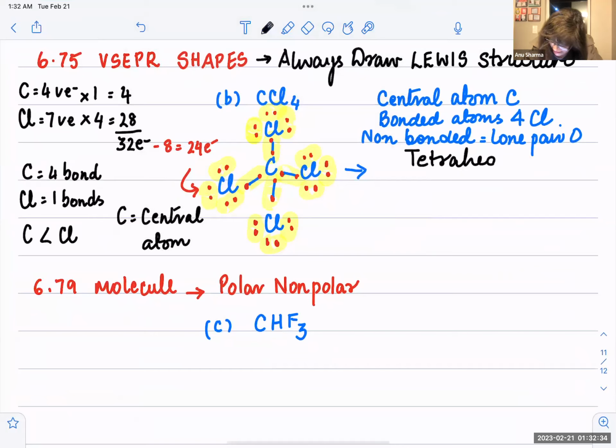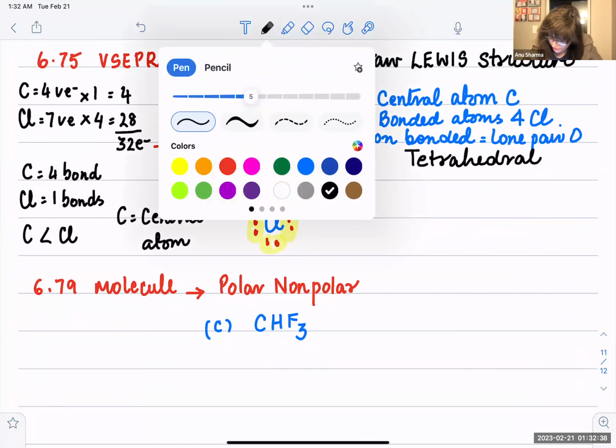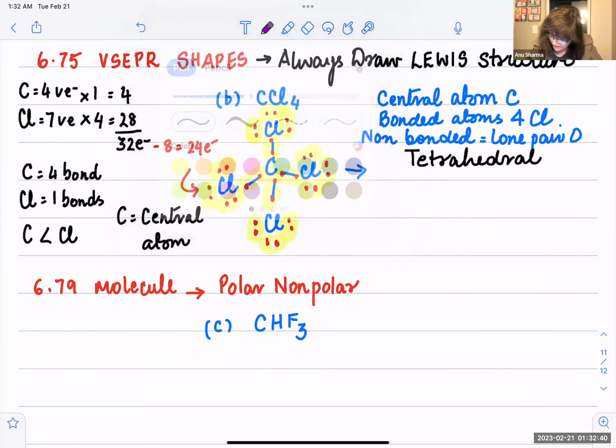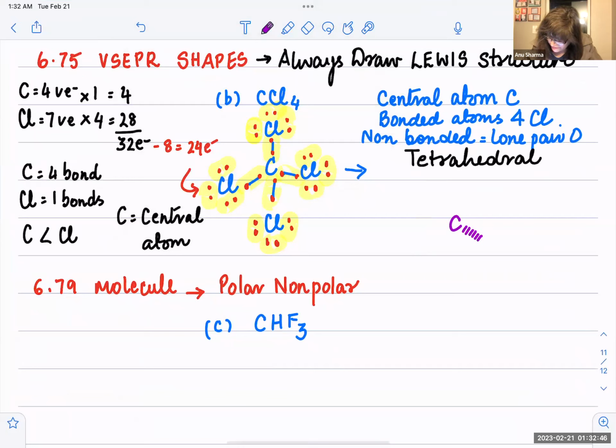Once you identify the shape, you really need to draw it that way. Here you have carbon in the middle, and you can make a wedge shape like this. Here, hydrogen, you can make this type of wedge. This one is at the back, and this is the back of the chair.